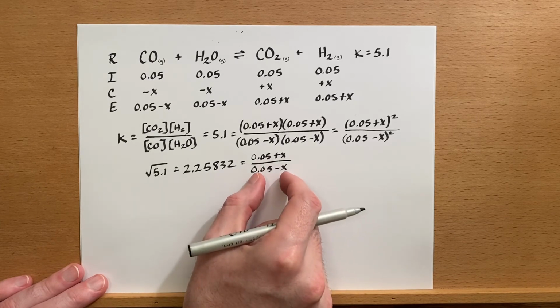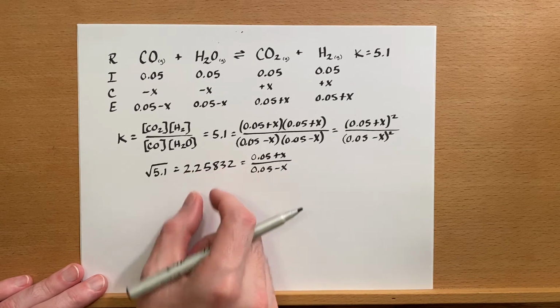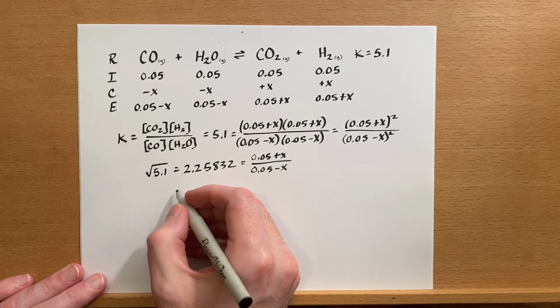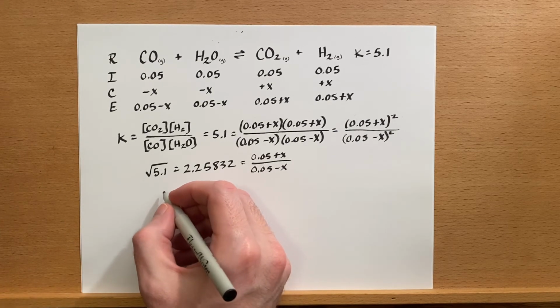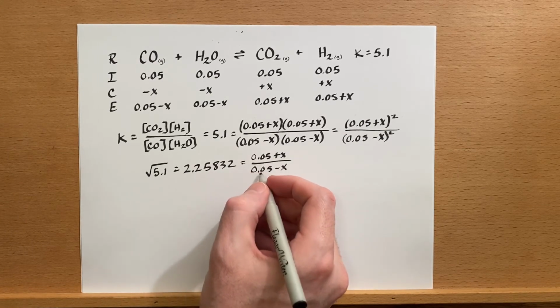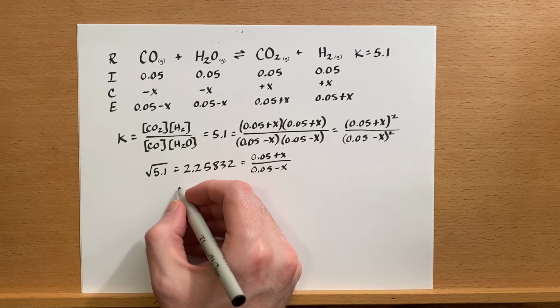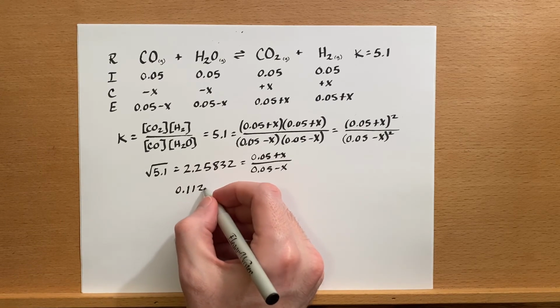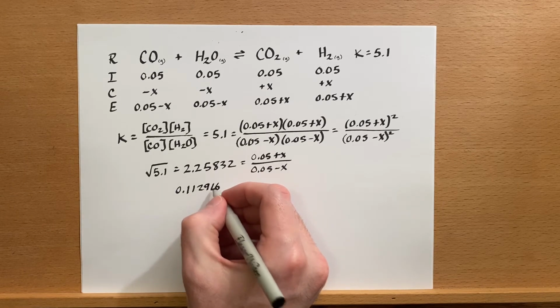Now we're going to take this bottom portion, multiply it over here. So we should get, let's see here, 2.25832 times 0.05 is 0.112916.